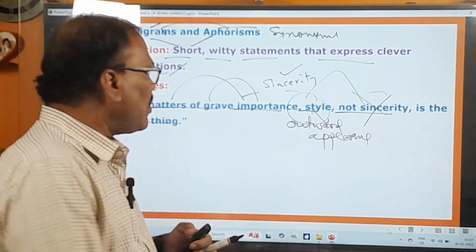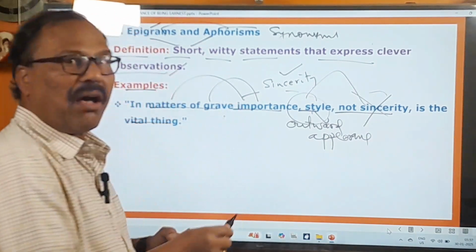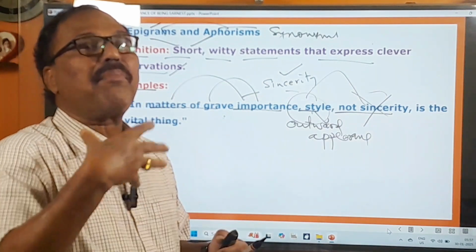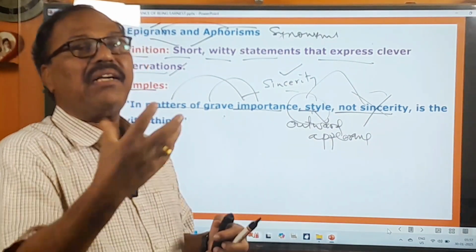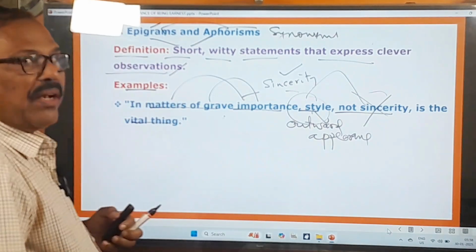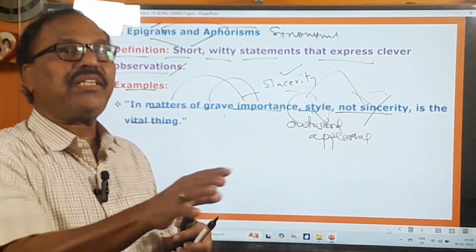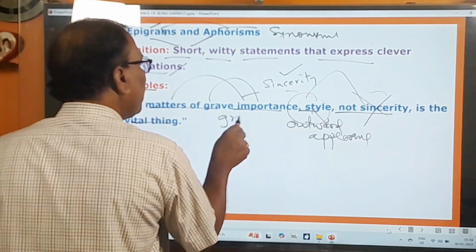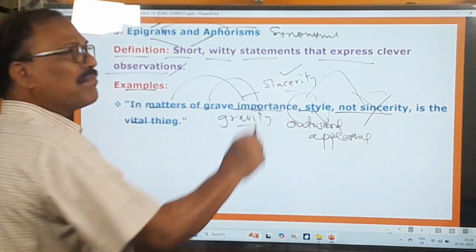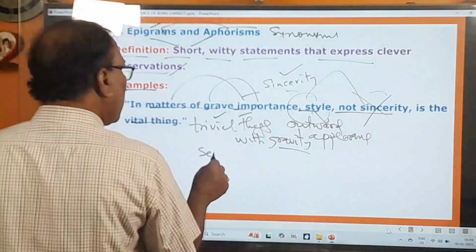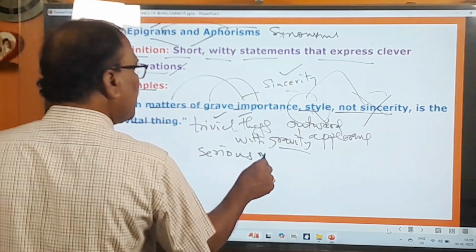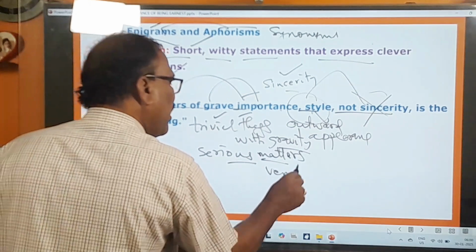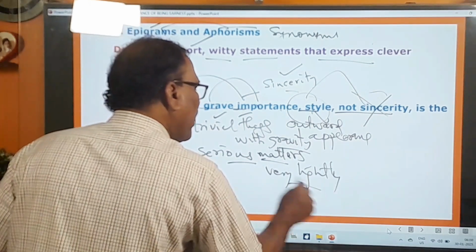So in this aphorism, Gwendolen emphasizes the importance of outward appearances over reality, originality. And that is why the Victorians treated the trivial things with so much gravity. Gravity means importance. And they treated the serious matters, important matters, very lightly.